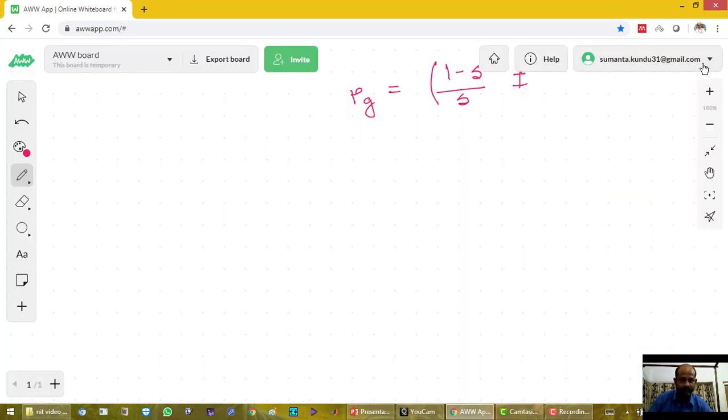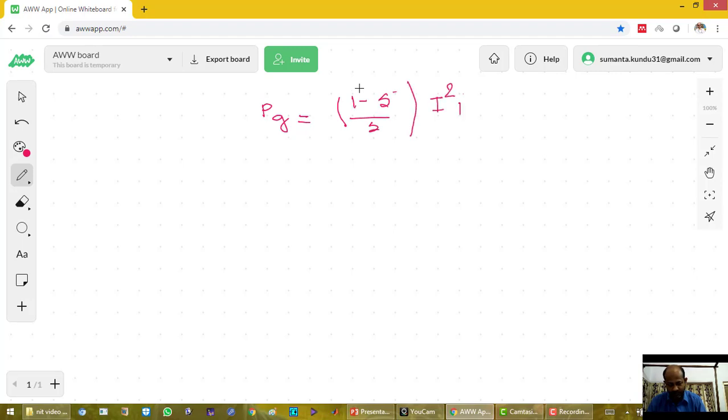Where N, the rotor speed in RPS, equals Ns into (1 minus S).